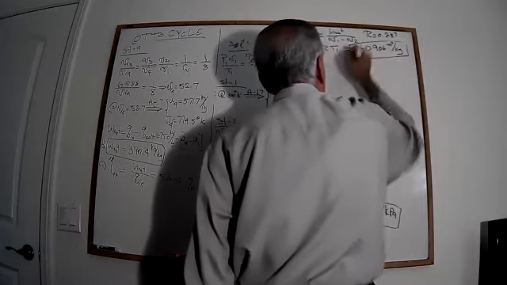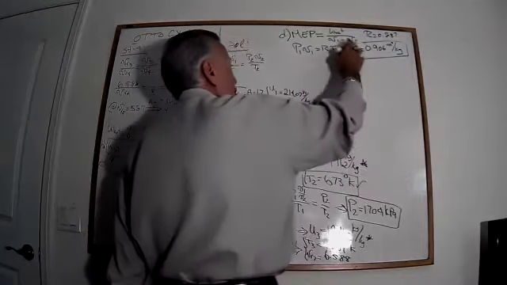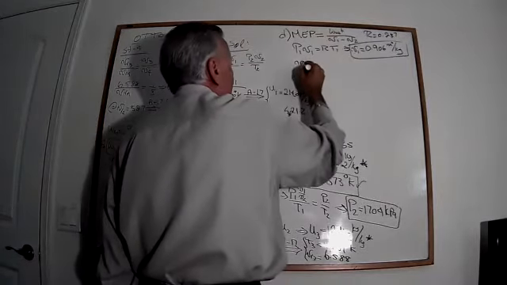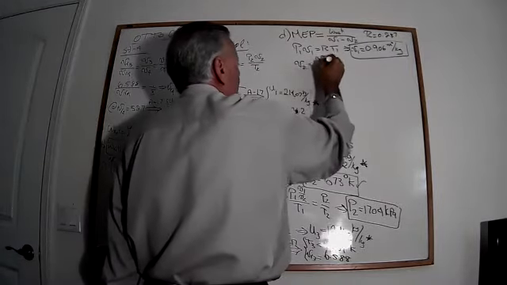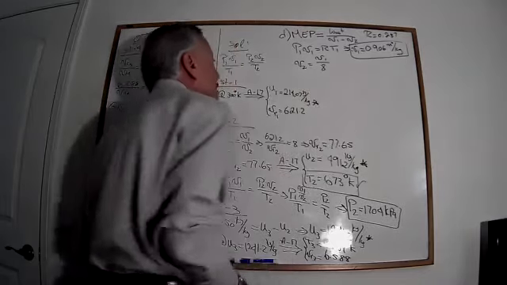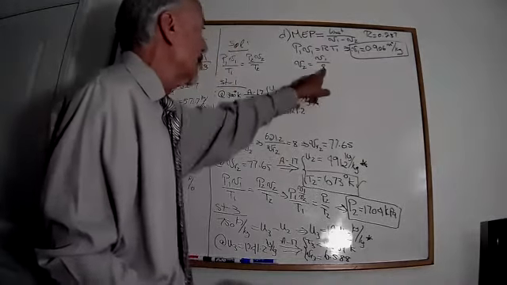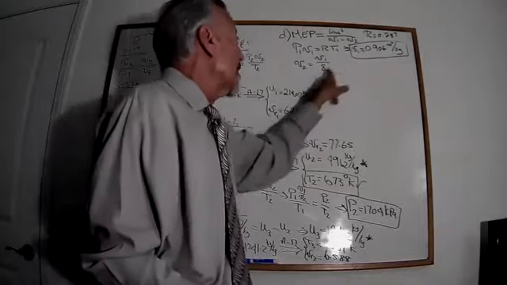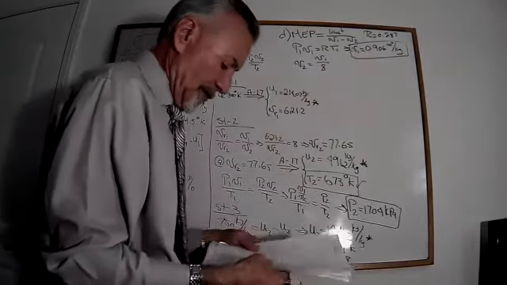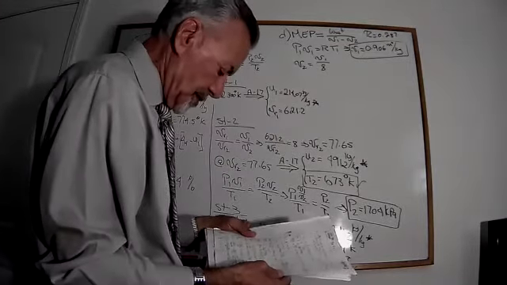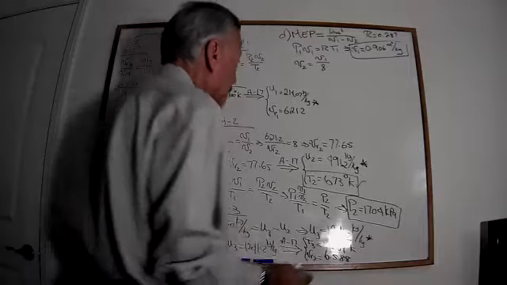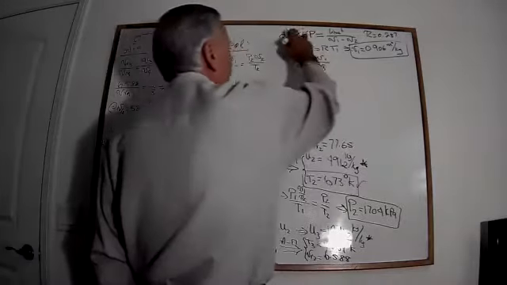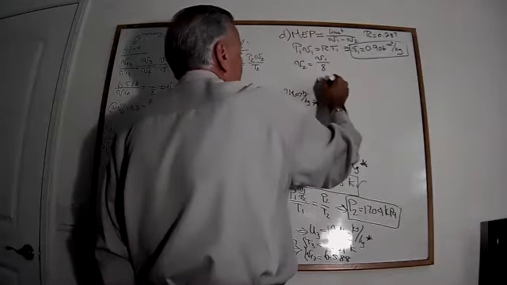That's V1. So if that's V1, what is V2? V2 is equal to V1 over 8, because V1 over V2 is given to be 8. If I divide that number by 8, I get the value of V2. Now I have everything in that equation.